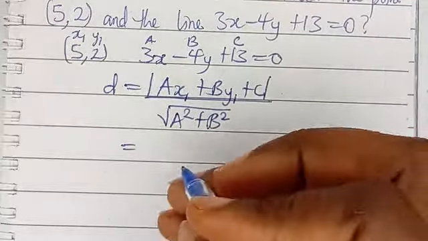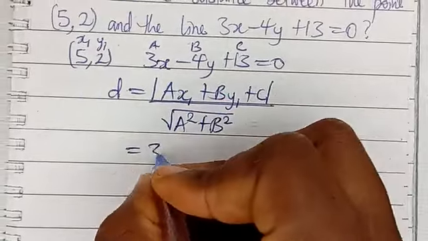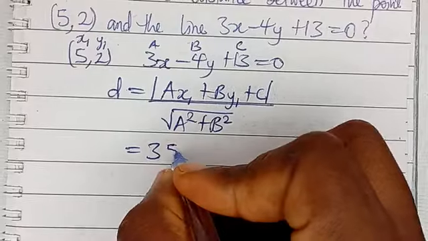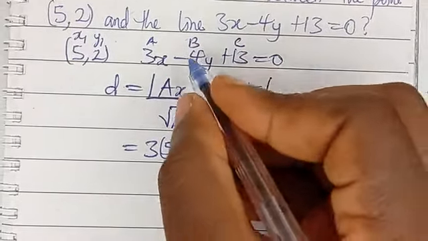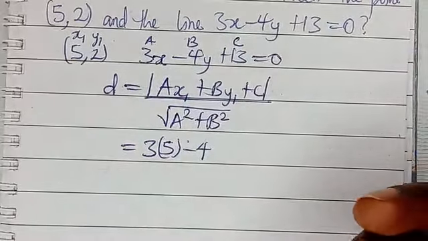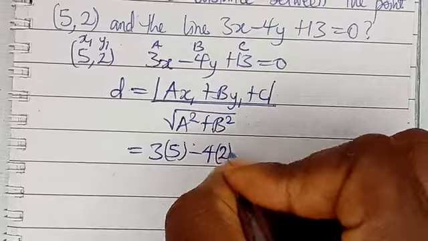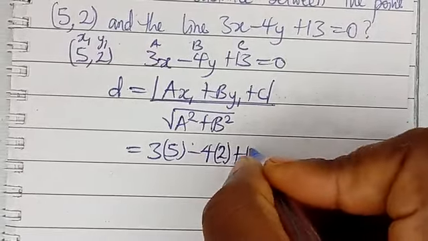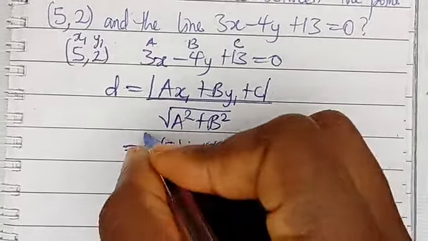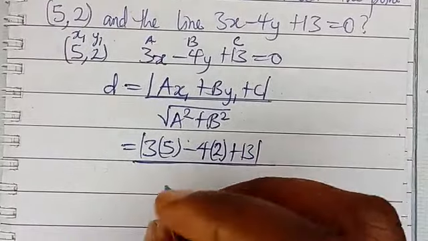When we substitute, a is 3, x1 is 5. b is -4, and y1 is 2. c is plus 13. Let's also have the absolute value sign.